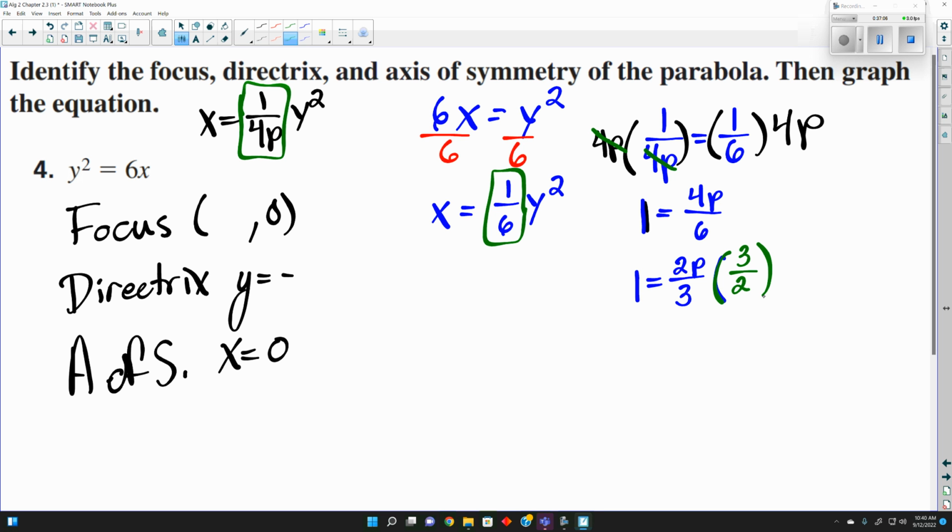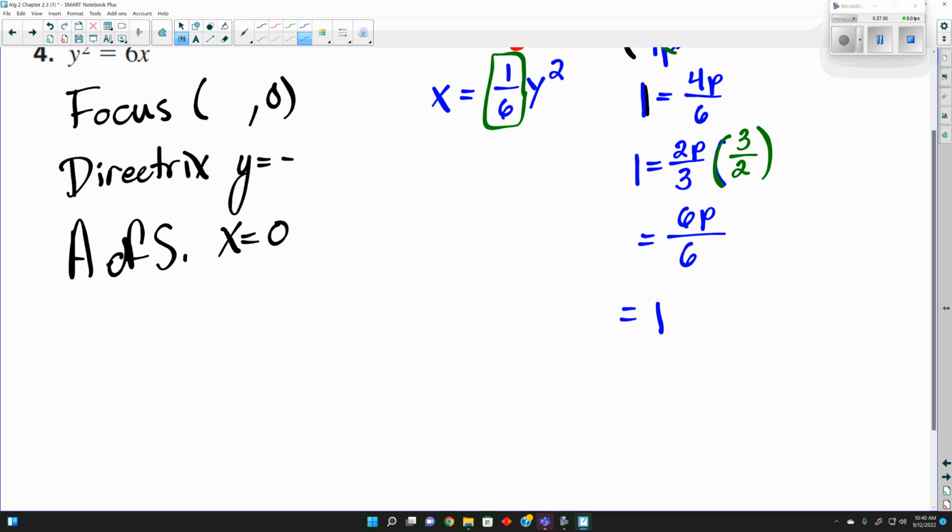We could have divided both sides by 2/3, or we could multiply both sides by 3/2. Because we'd multiply straight across: 2 times 3 is p on top, and on bottom, 2 times 3 is 6, divided by 6 is 1, which leaves us with p.